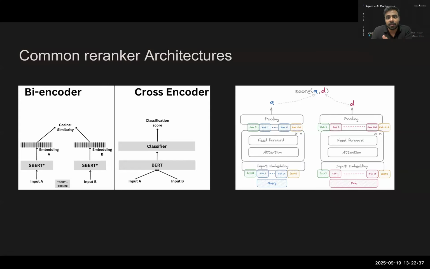It sees everything in pairs. So how you actually run this is you have a query, and then you take that query and all the possible contexts, which could be even in millions. So you create all those query-context pairs: query and context one, query and context two, query and context three, up to n, and then you have to perform this.